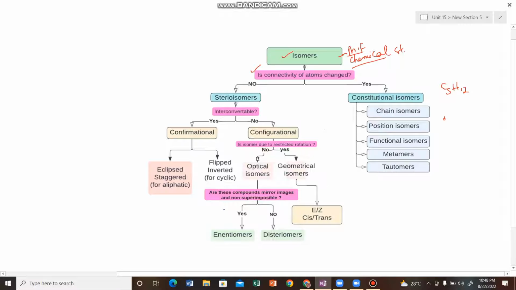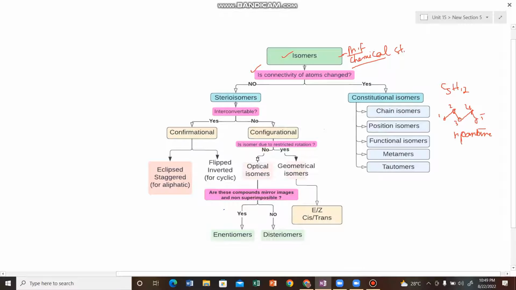In pentane there are 5 carbons, so these 5 carbons can be arranged like this: 1 2 3 4 5. Carbon number 1, 2, 3, 4 and 5. If they are arranged linearly, it would be n-pentane.